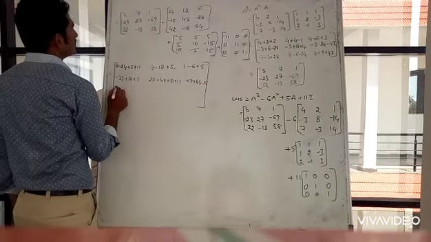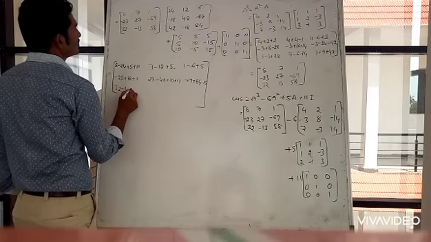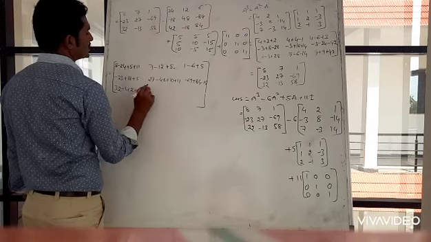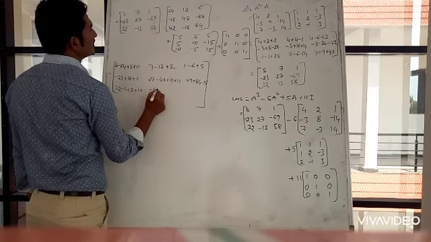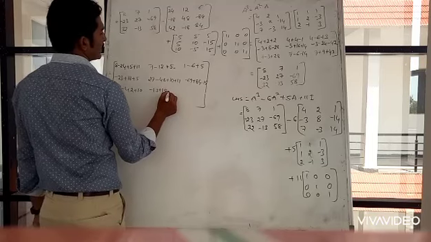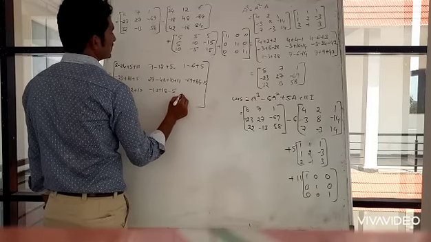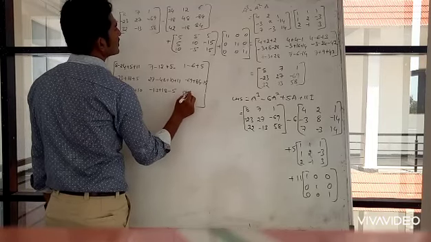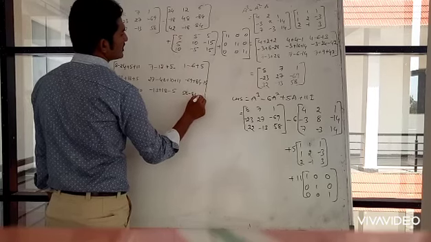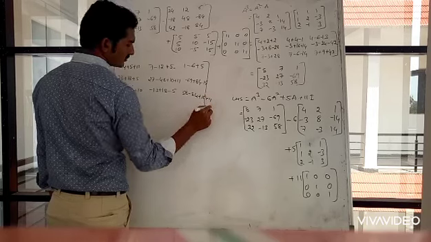Then 32 minus 42 plus 10 plus 0, minus 30 plus 18 minus 5. Then 58 minus 84 plus 15 plus 11.